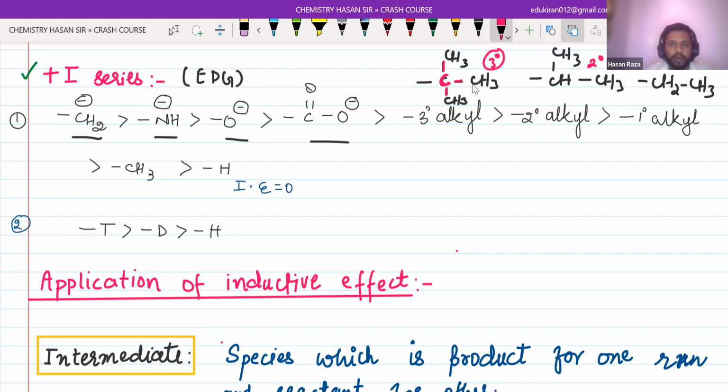For this carbon, it is attached to only 1 carbon, so its degree will be 1. This is how we calculate the degree of carbon. Also, it's very important to note the isotopes of hydrogen: tritium, deuterium, and hydrogen. Of these, tritium has more power to donate electrons compared to deuterium and hydrogen. Is that clear?